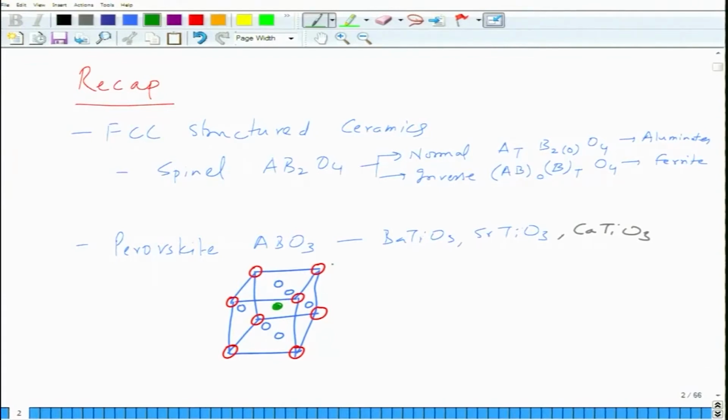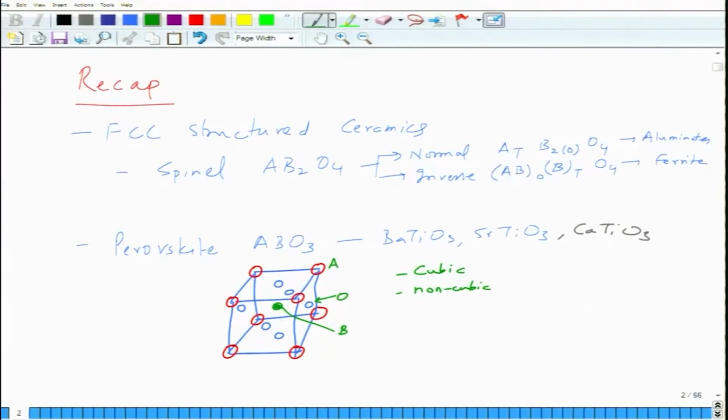So, this is A, this is B, and this is O. Perovskites exist in both cubic and non-cubic forms. What I have shown you here is cubic. So, it is basically a primitive cubic lattice, but many of these materials are ferroelectric in nature.